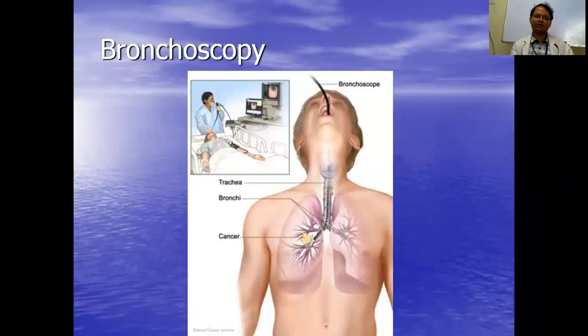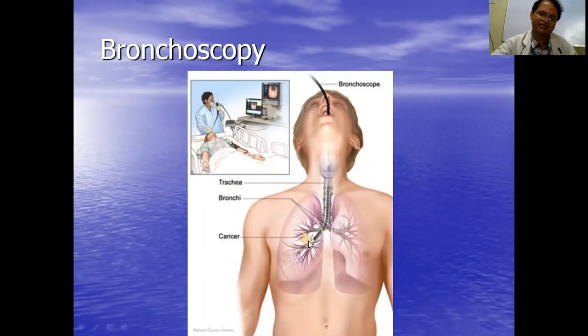About bronchoscopy, a narrow lumen flexible tube will be passed through the patient's trachea. Here, in this case, the bronchoscope is passed through the trachea. It's entering the right lung, and here there is an orange lesion suspicious for malignancy.